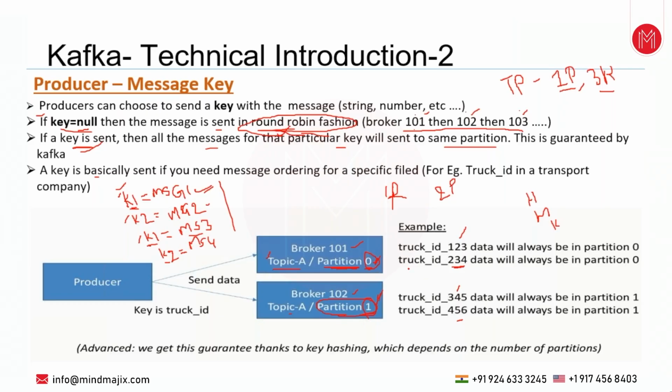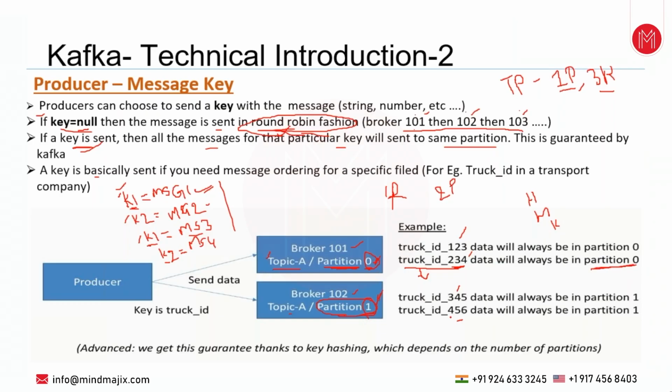It's transportation. Whenever you enter a message with truck 234, let's assume the message goes to partition 0. Next time, when you enter any message with this key, truck 234, it will go to the same partition. It will never go to another partition.